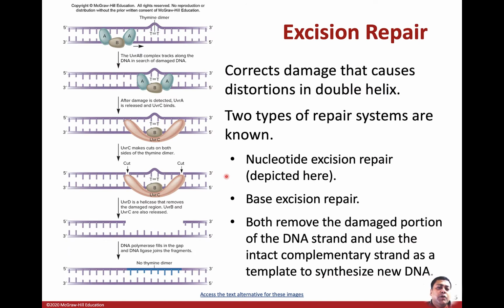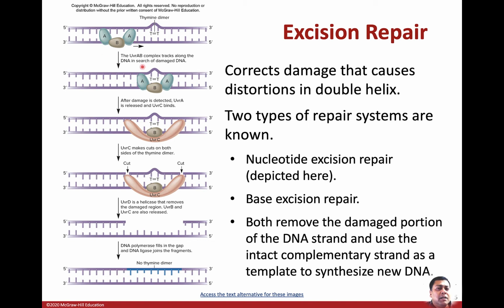Another process, which is called excision repair, corrects DNA damage that causes distortion of the double helix. We talked about thymine dimers, where a double bond can form between two adjacent thymines, and that will make a thymine dimer, and this thymine dimer will distort the DNA.